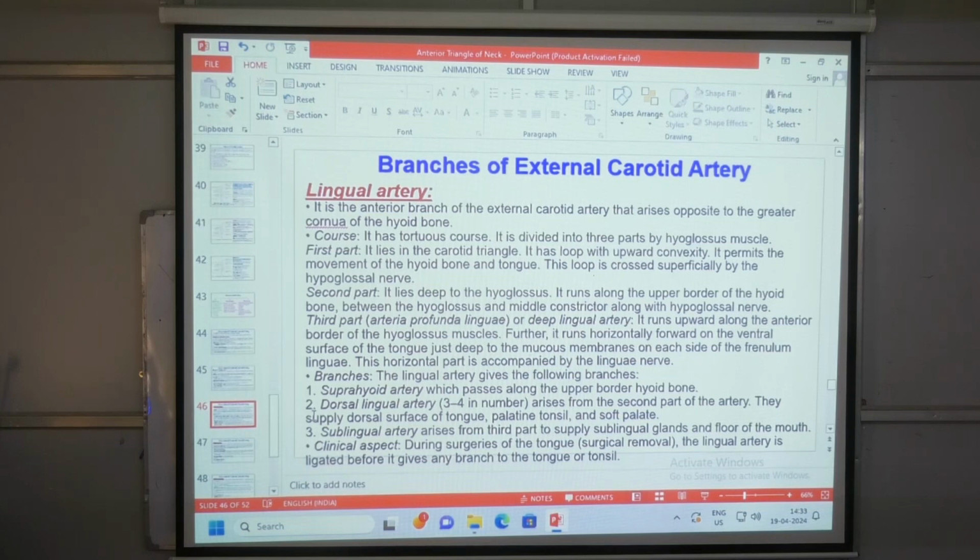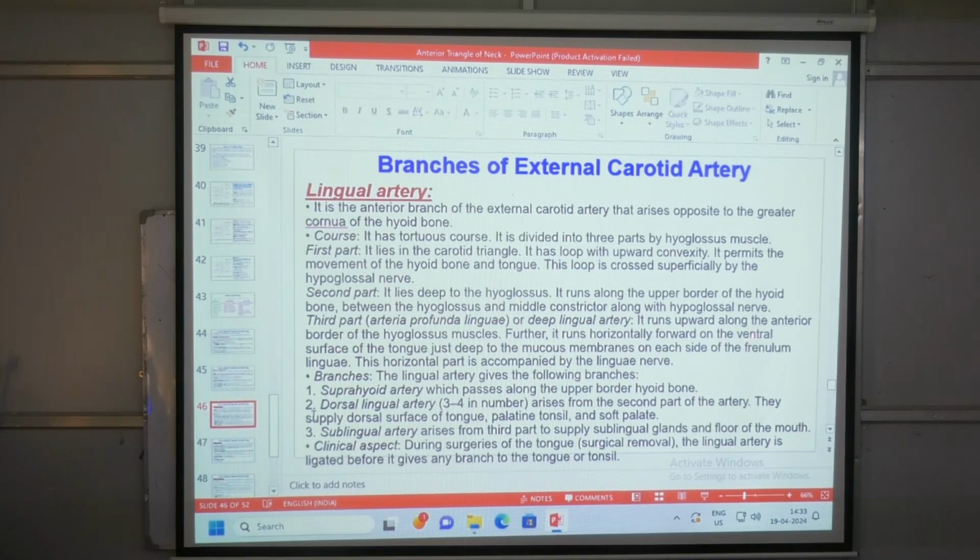Now second part, it lies deep to the hyoglossus. So hyoglossus muscle is dividing this artery into 3 parts. Second part lies deep to the hyoglossus, runs along the upper border of the hyoid bone between the hyoglossus and middle constrictor along with hypoglossal nerve. Third part is known as arteria profunda linguae or deep lingual artery.